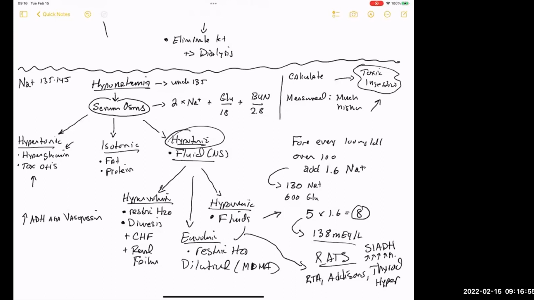And we see this in people with certain cancers and tumors. Small or oat cell carcinoma of the lung, for example, can secrete this. We see it with tumors of the pituitary gland, and we can see this in head injuries as well, right?